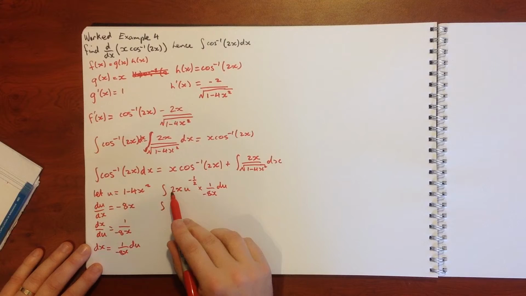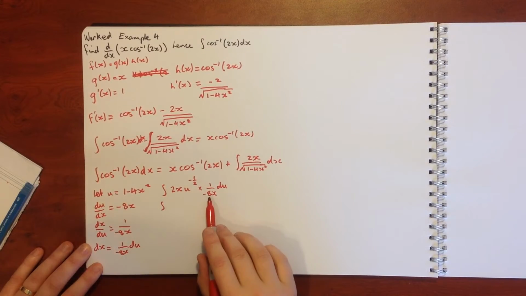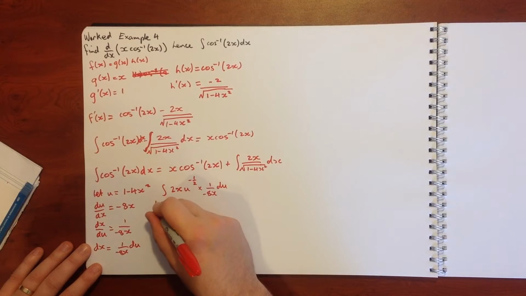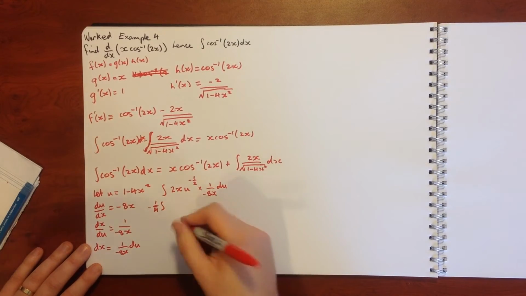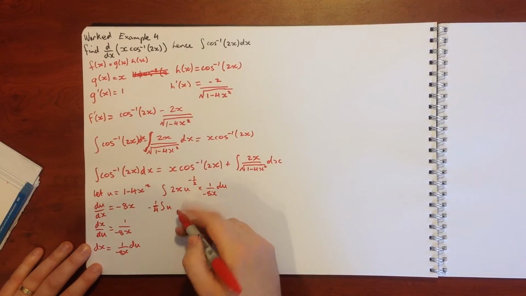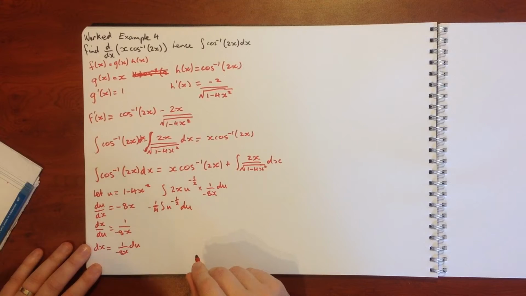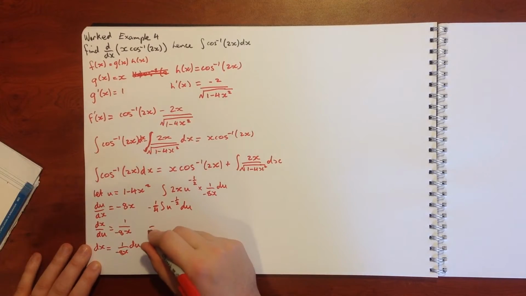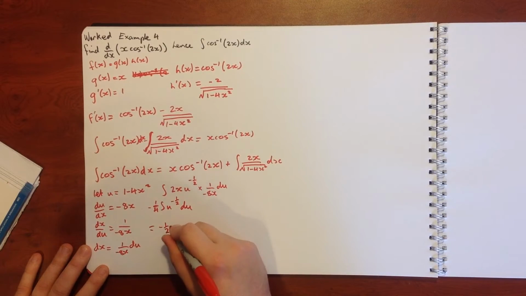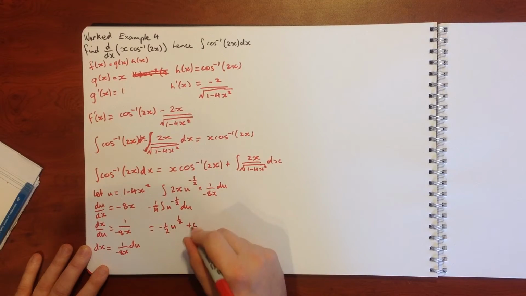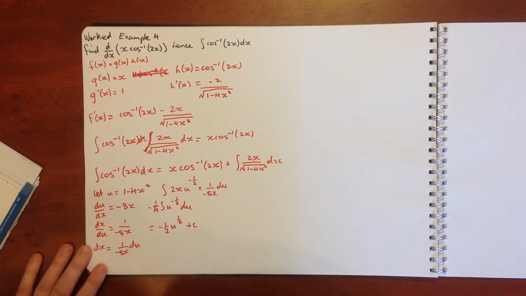So integral then, well, our 2 and our 8 can cancel out to be negative 1 on 4, so I'm going to bring that out the front. And our x also cancels out, so then we're left with our u to the negative a half du. Okay, which means that bit's going to equal negative a half u to a half plus c.